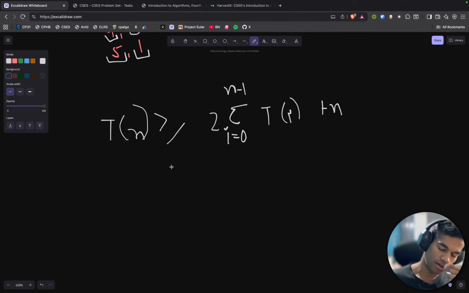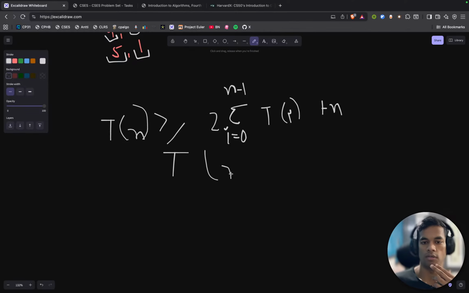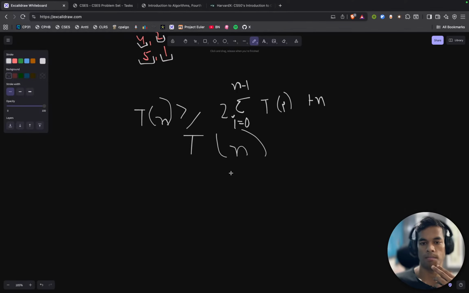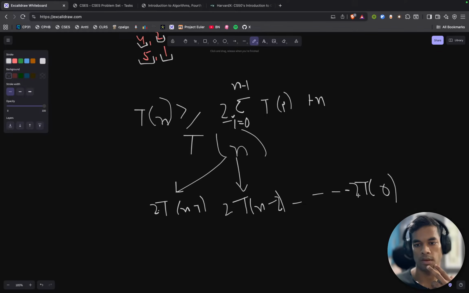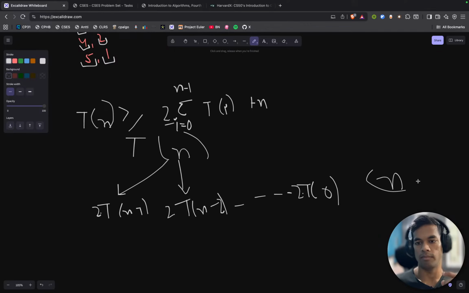If we write down this thing like this, Tn depends on n minus 1 things, on t n minus 1, on t n minus 2, dot dot dot, t 0, and on all of them twice, since we have 2 into this thing. And the cost for this layer is n.